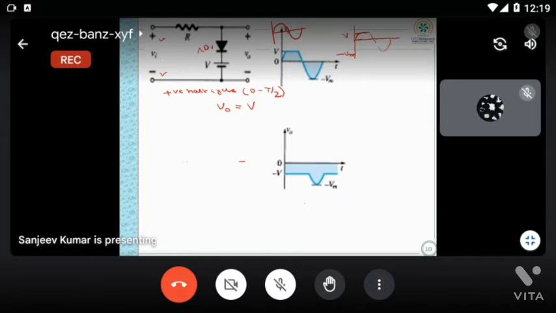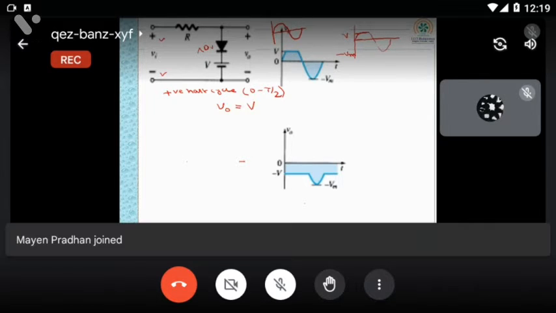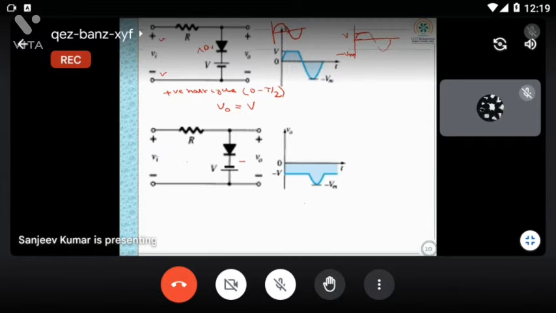If I change the polarity of the battery, it will give you minus V, and in the negative half cycle you will get minus Vm. So you only have to change the battery orientation. Compare here, I'm getting minus V.